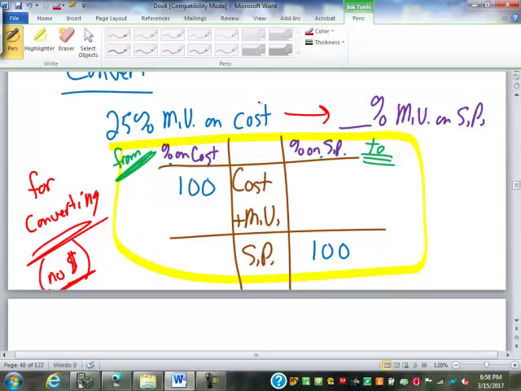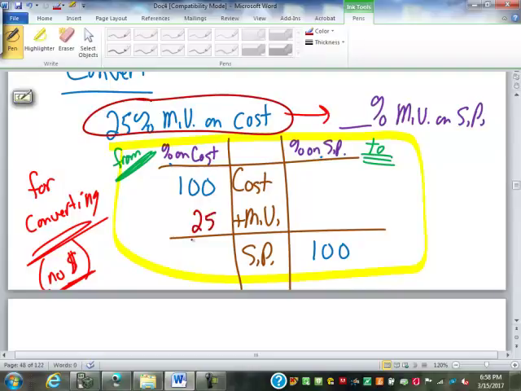So now I look at what I'm given in the problem. 25% markup on cost. So that goes to the cost side, and that is the percent markup. So that goes here. Which means I can fill in this number now. Whenever I have two numbers on the same side, I can find the third one. And this one's going to be what? 125. Good.